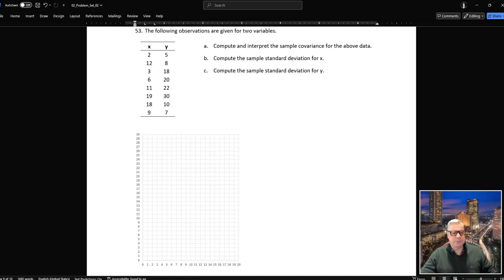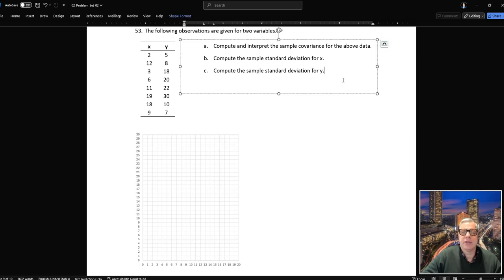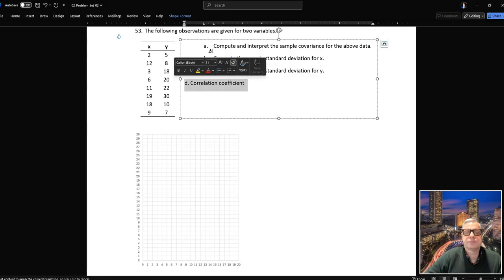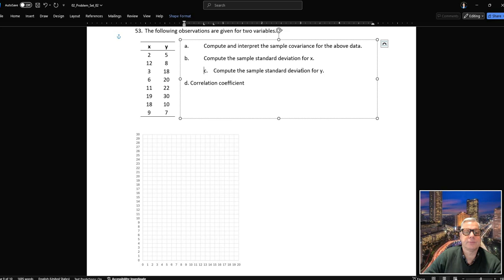So we need to find the covariance, standard deviation of x and y, and I think we should also calculate the correlation coefficient. Also compute the correlation coefficient.